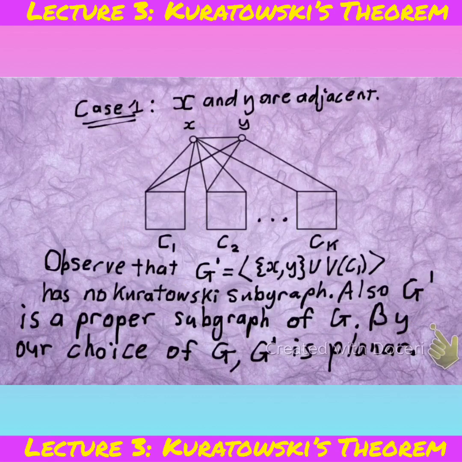So by our choice of G, G prime is planar. G prime is definitely planar.